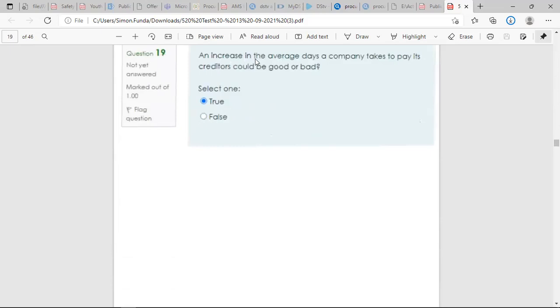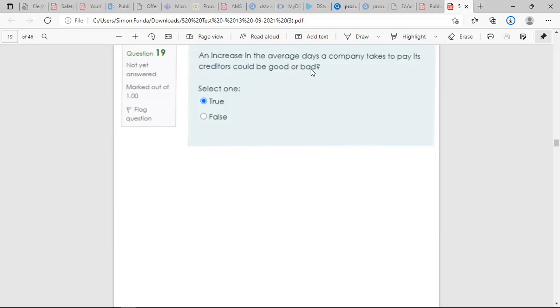An increase in the average days a company takes to pay its creditors could be good or bad. So it's a question. An increase in the average days the company takes to pay its creditors could be good or bad. So is it good or bad?